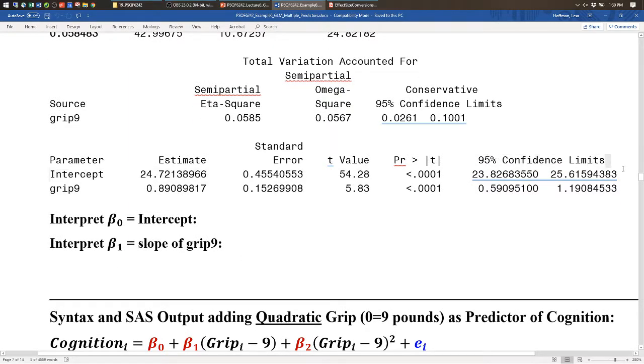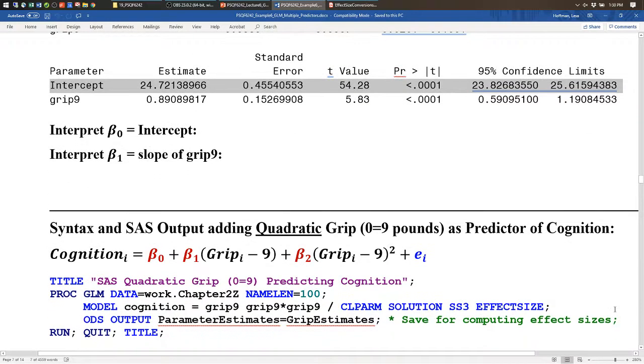Intercept is 24 according to this model for what kind of person? Not 85-year-old. 85 is gone. Yeah, it would be if they're both in there. But just now, for someone who can squeeze 9 pounds. For every unit X, this is what happens to y.